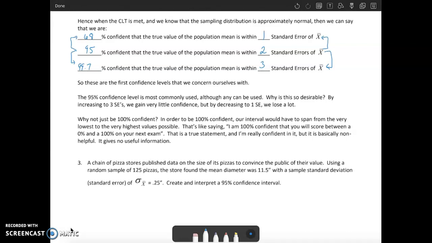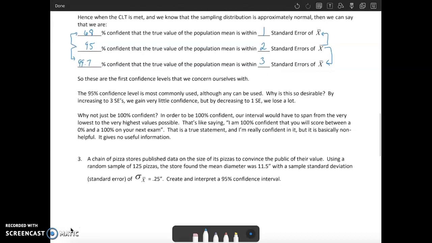It gives no useful information. If I've spanned every grade possible, that tells the reader nothing about you as a student or about the next exam. So that's why we can't write statements with 100% confidence. We back down a little bit, to 95% a lot of times, and then we're able to narrow the confidence interval so that it gives some relevant meaning.